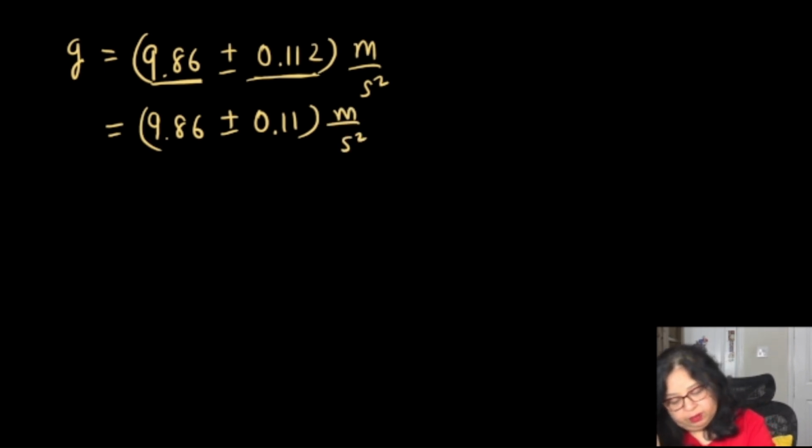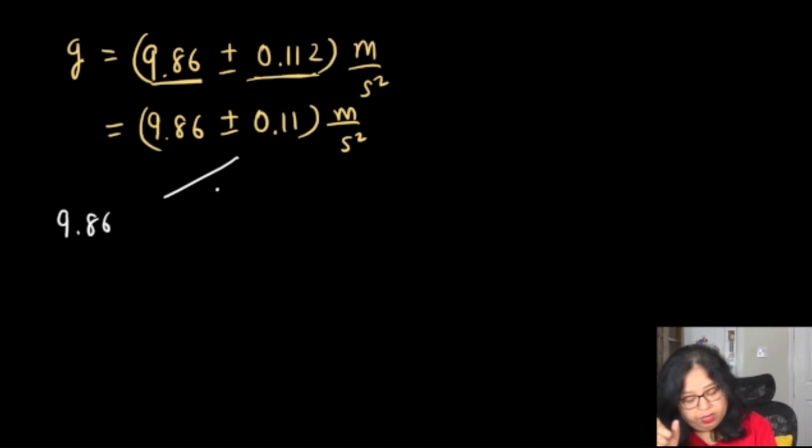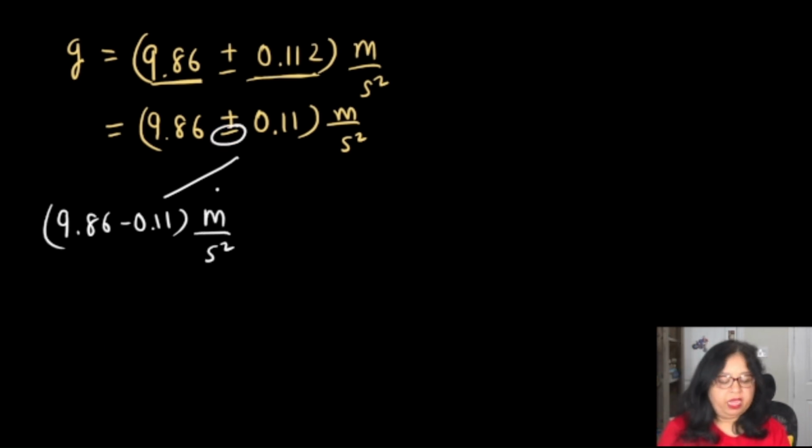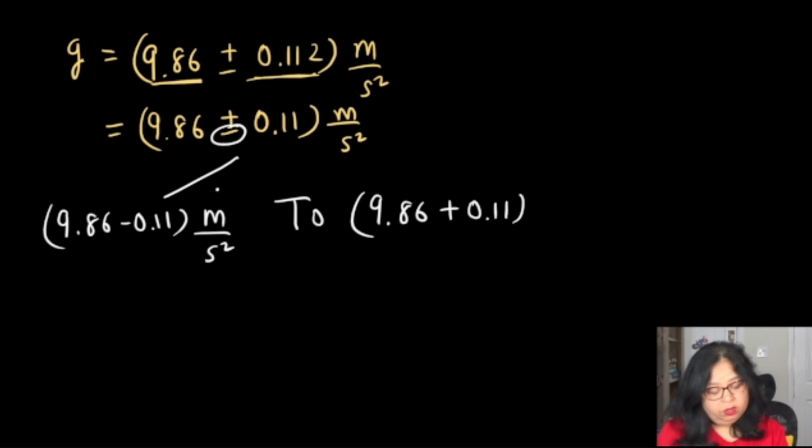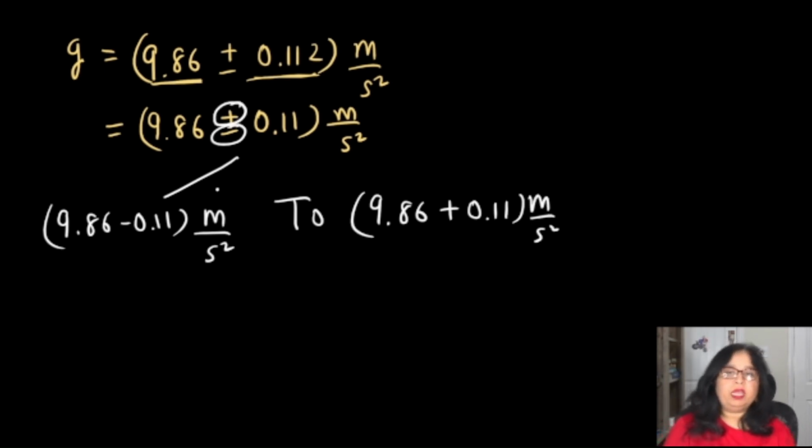Now, what does this mean? It means that the actual value is going to lie within a range, from 9.86 minus 0.11, the lowest value of the range when we're using the negative sign, to 9.86 plus 0.11 meters per second square, this time using the positive sign.